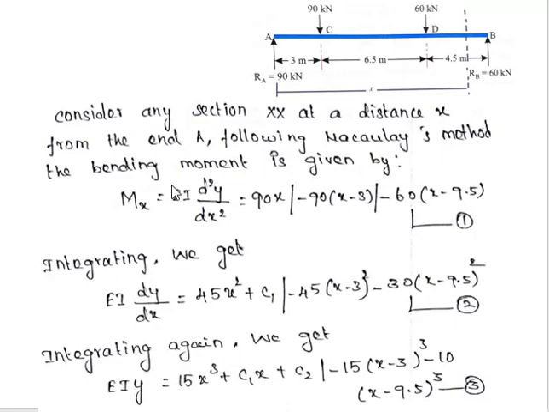EI d square y by dx square is integrated and becomes EI dy by dx equal to, integrating 90x, we take 90 as it is, and x integrated becomes x square by 2. So the 2 and 90 cancel, and we get 45x square plus C1.